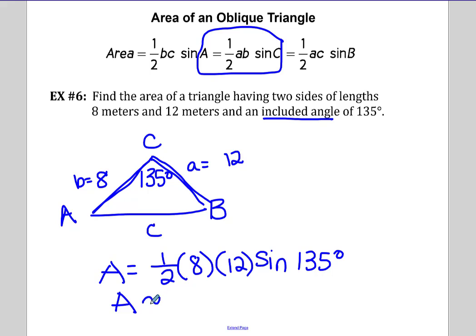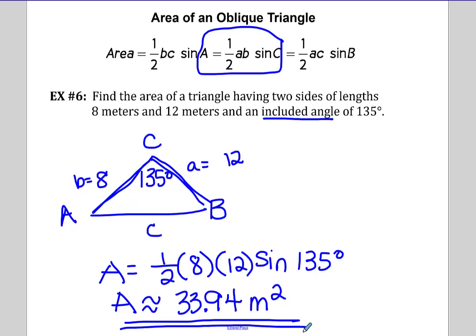And on my calculator I get 33.94, and the units are meters, so 33.94 square meters. So finding angles and finding area of triangles for oblique triangles can be done from these formulas.